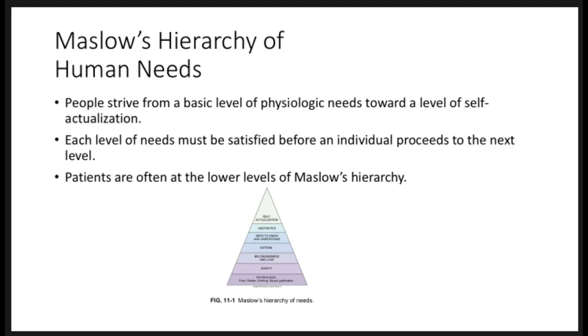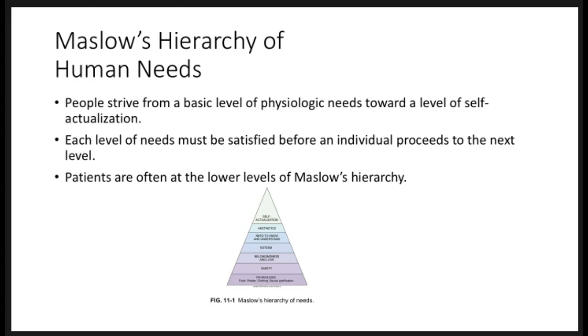There's Maslow's hierarchy of human needs, and it talks about the different levels of where people are in self-actualization, or whether they're comfortable in the way things are in their lives.